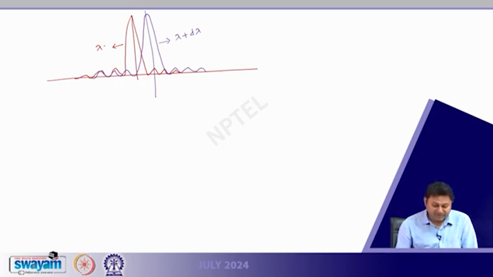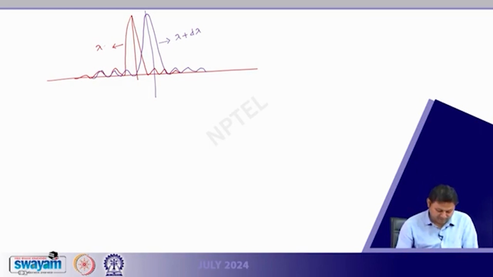But what is the condition for this delta lambda? That is the minimum separation. If the two are far apart, then resolving them is very simple. But if they are close enough together, then it is difficult to resolve. So, what is the condition for that?